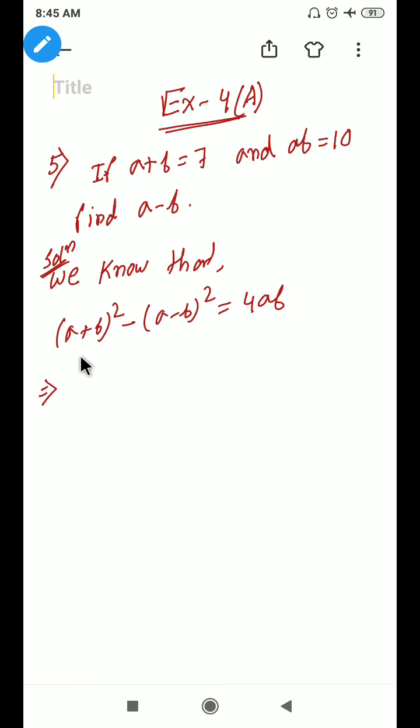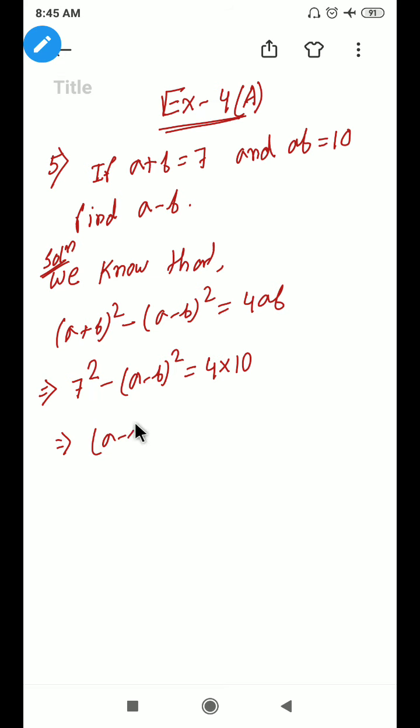Which things are given? a plus b is given and ab is given. Just put the values. a plus b is 7, so this is 7 square minus (a minus b) whole square, and 4ab, that means 4 into 10. So you have to find out (a minus b) whole square.